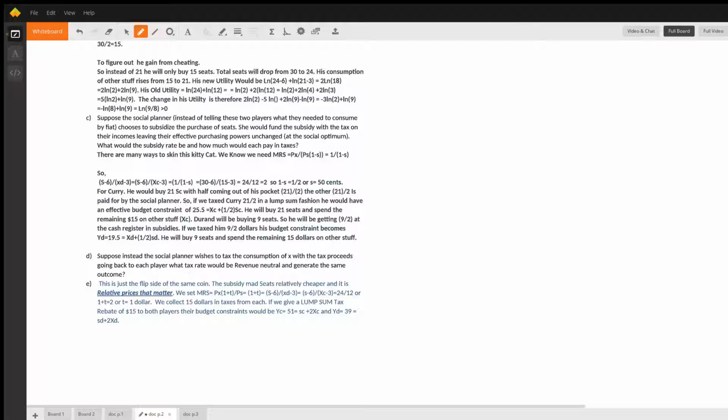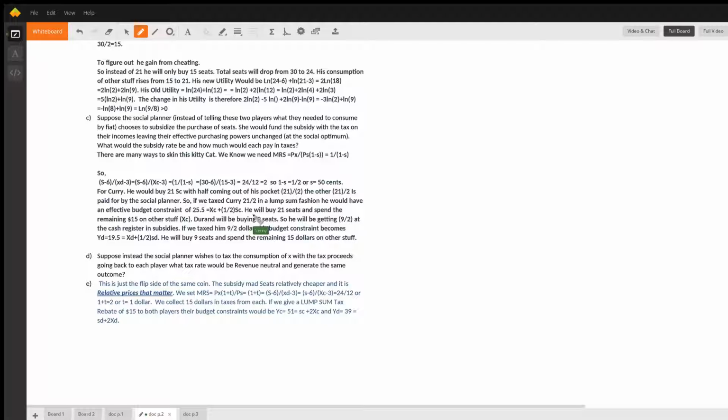So if we took away a lump sum out of his pocket of 21 over 2, he would have an effective budget constraint of, as we see here, 25.5, which equals how much he can spend on X plus 1/2 of what he could spend on seats. So the total amount of seats that he could buy would be 51, and the total amount of X that he could buy is 25.5.